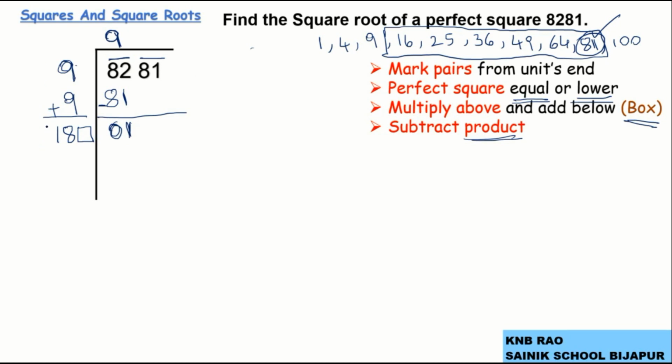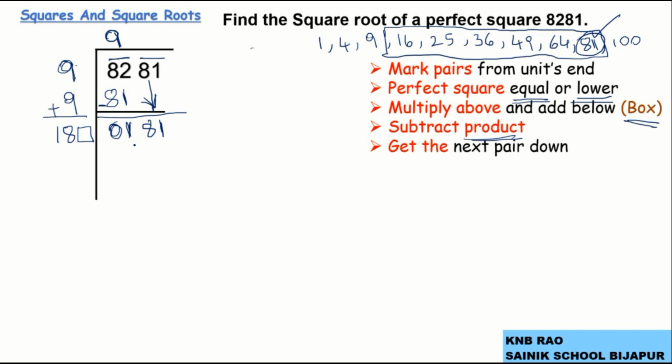You remember that way. So this product 81 is subtracted from the first pair, the leftmost pair. Now what is to be done? After subtraction, very important, we have to get the next pair down. This 81 pair is brought down.